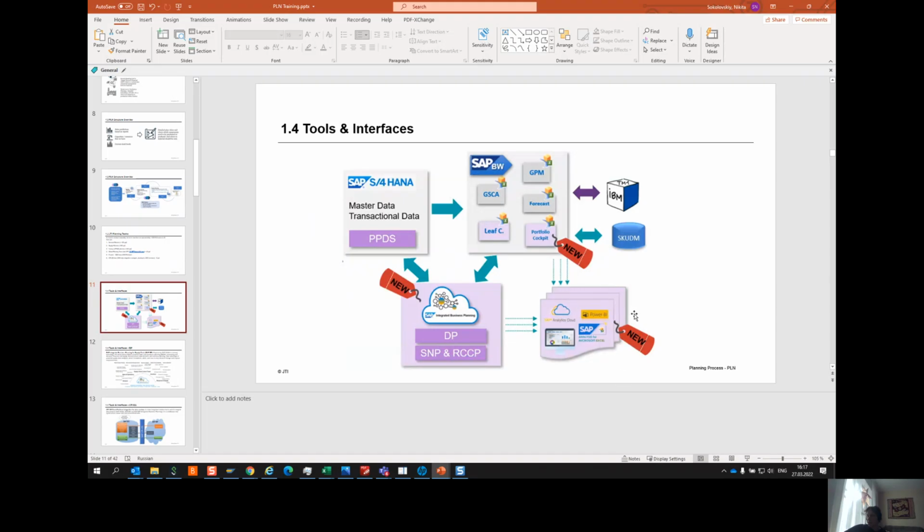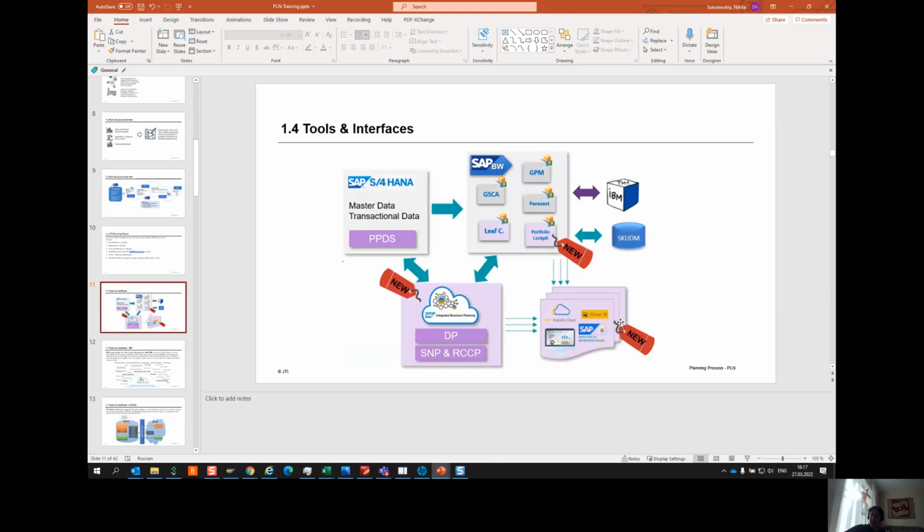And finally, we have this block with Power BI and SAP Analytics Cloud. So you know that SAP Analytics Cloud is a platform for one data. Then we have Power BI Analytics used for some reporting purposes as well.